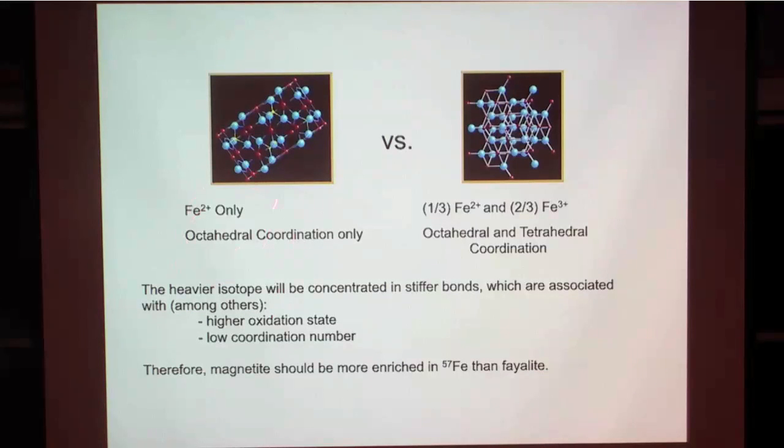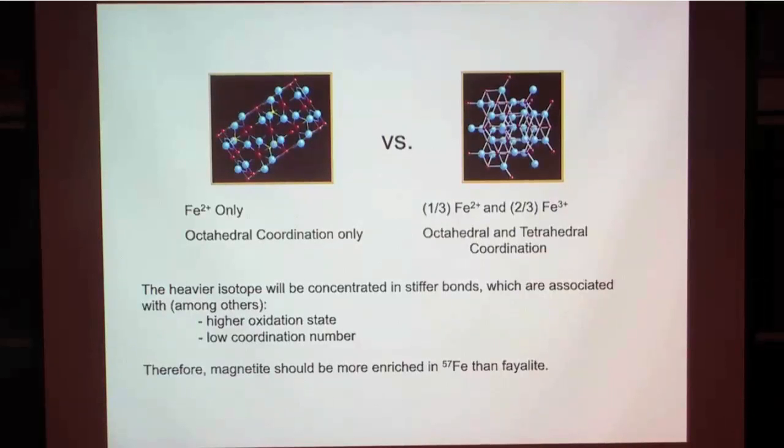So here we have only 2+ and octahedral coordination only. Here we have 2+ and 3+ and octahedral and tetrahedral coordination. Therefore, the magnetite should be more enriched in iron-57 than the fayalite, according to the theory that I explained to you at the very beginning of the talk, right?